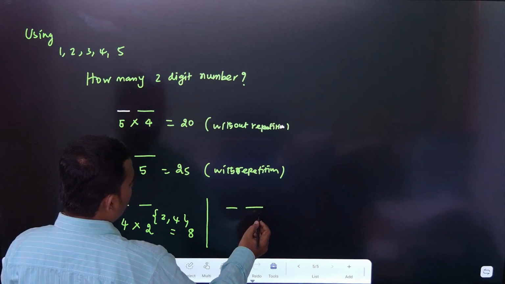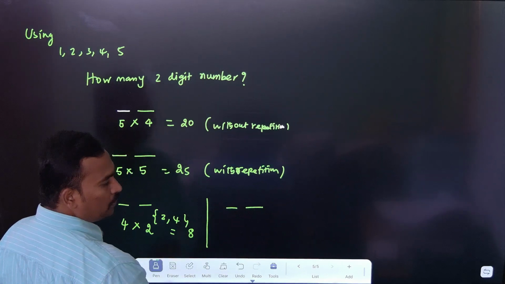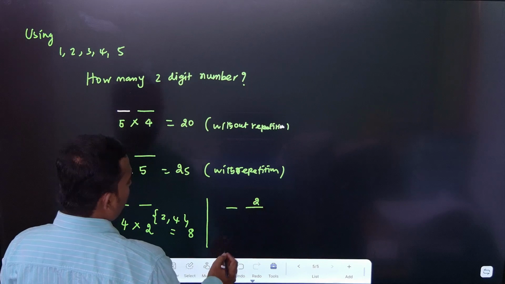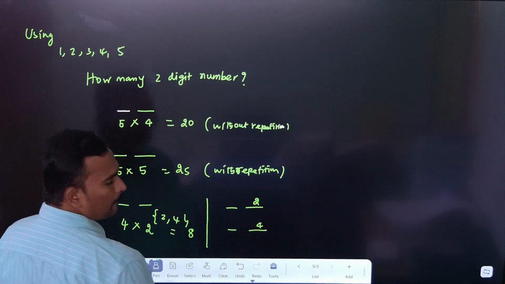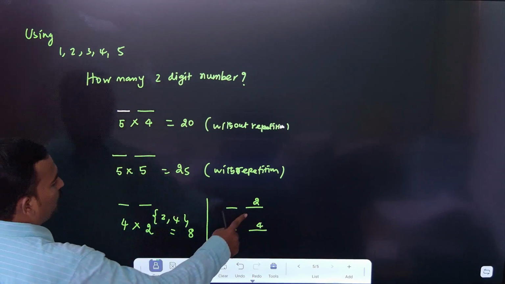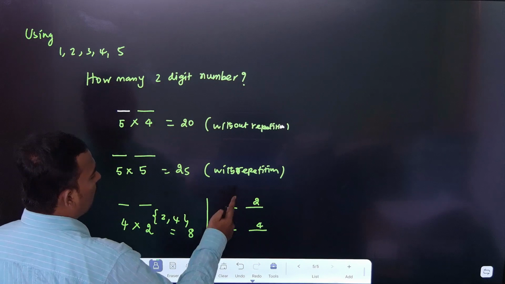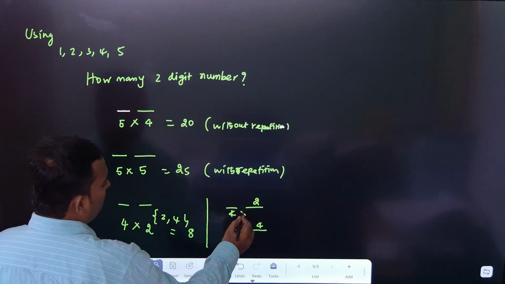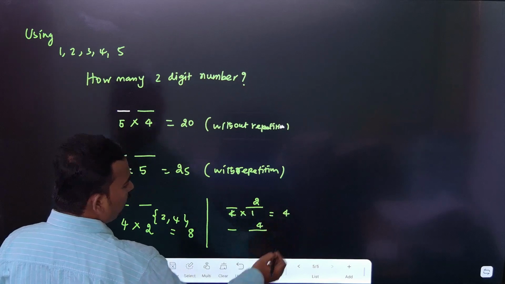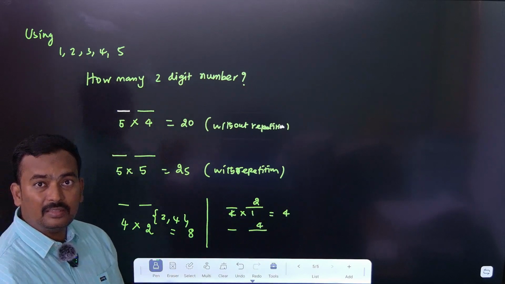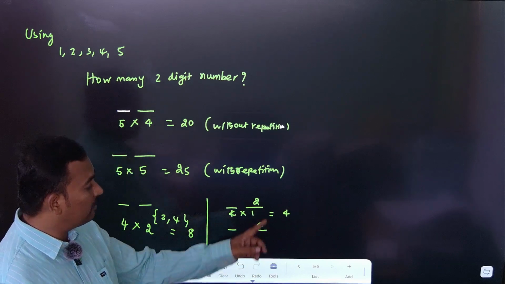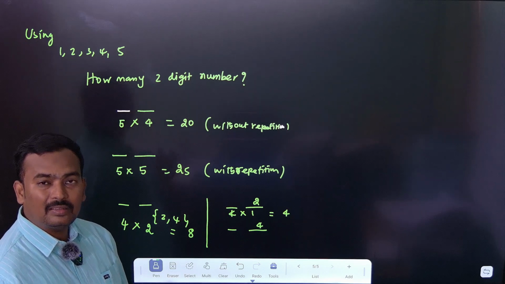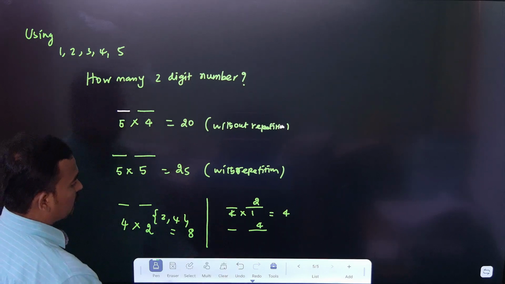Let us take 2 fixed here and then 4 fixed here. If 2 is fixed in the unit place, how many numbers remain? 4 numbers, since one number is fixed, right? So 4 possibilities. We are collecting the 2-digit numbers ending with 2, and the 2-digit numbers ending with 4.